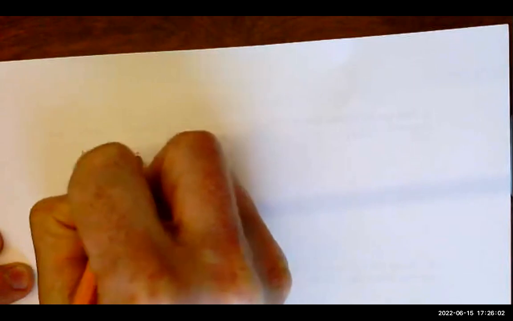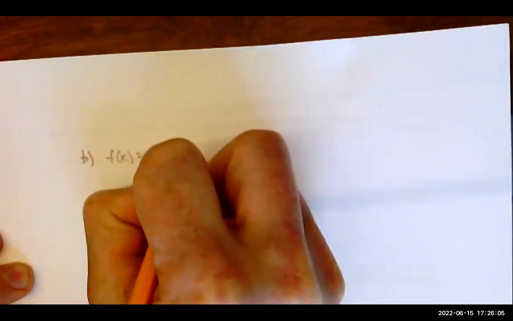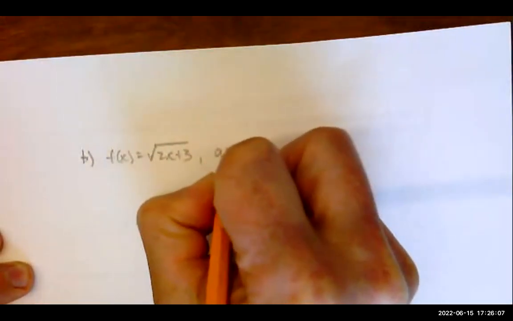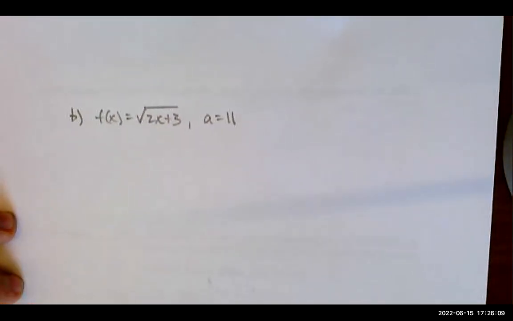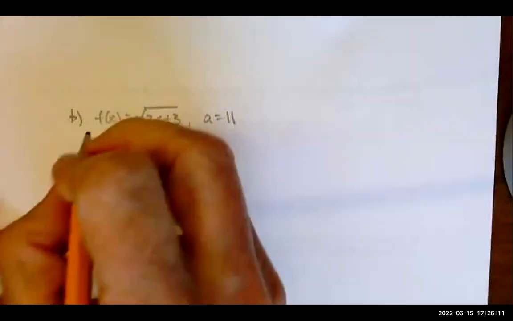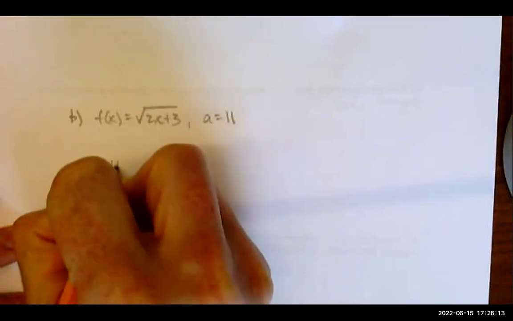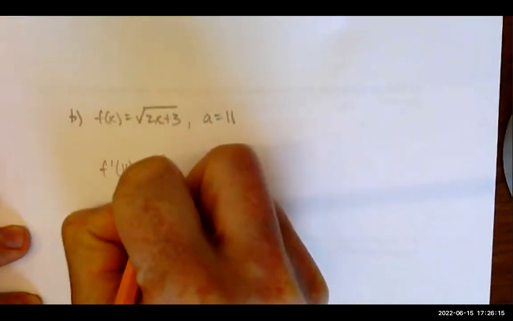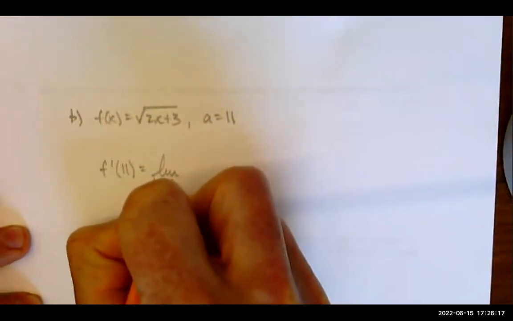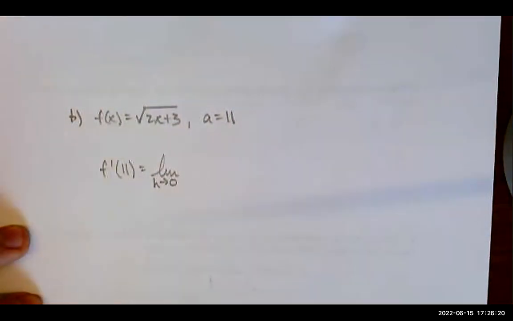Okay, let's try part B with the square root. Square root of 2x plus 3, a equals 11. Okay, with the new formula, we're going to be finding f prime of 11. It's equal to the limit as h approaches 0, always limit as h approaches 0.